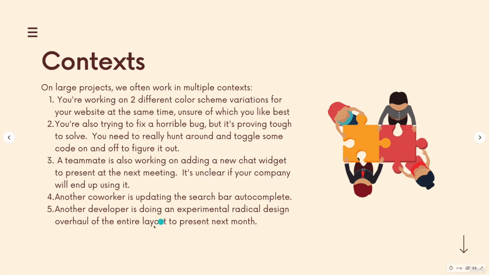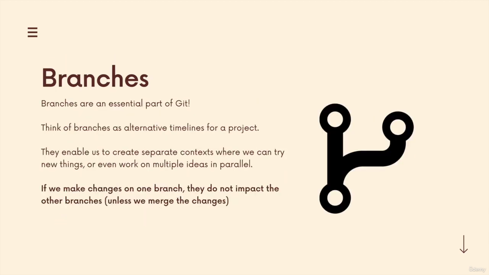Likewise, if someone is doing a radical experimental design change on every single view of our application, everything changes, but I'm trying to work on some minor color scheme variations, or if someone's working on adding a chat widget to the bottom right of our screen, those things need to happen in separate contexts because they have implications on one another and they really need to happen in isolation until maybe at some point we decide to incorporate changes into each other's contexts. So that is where branching comes in.